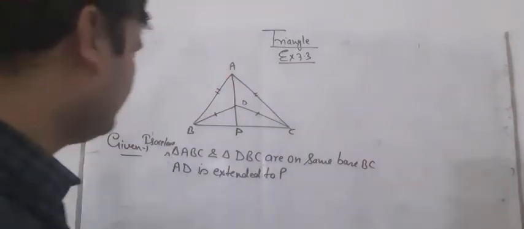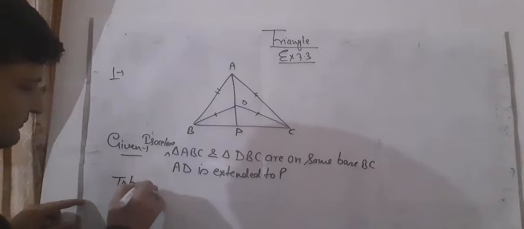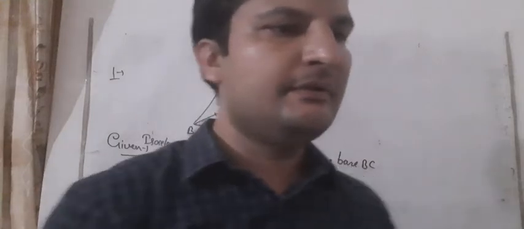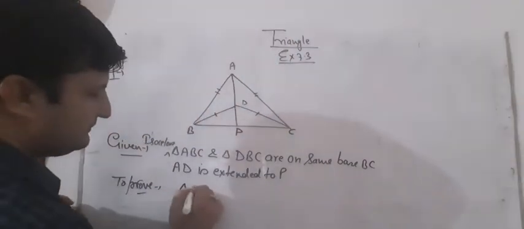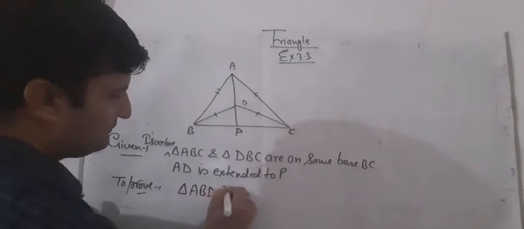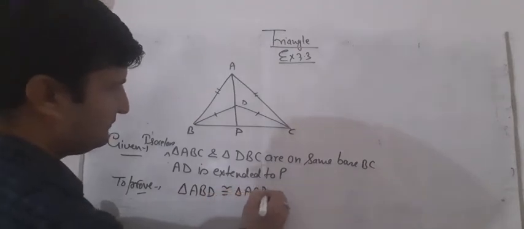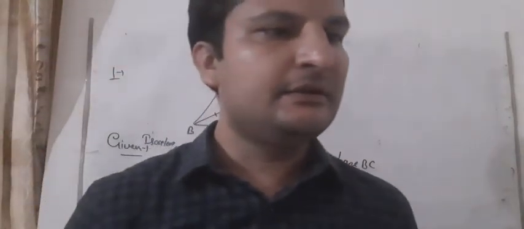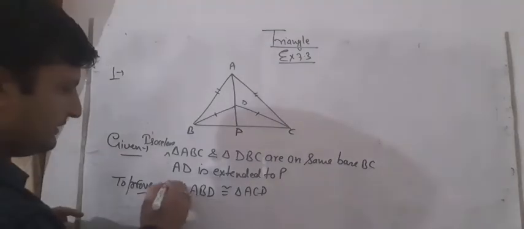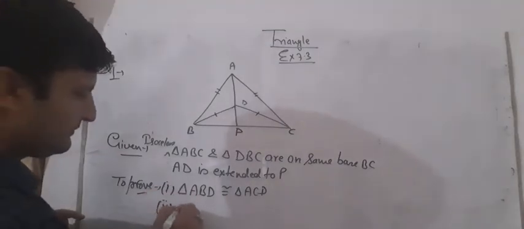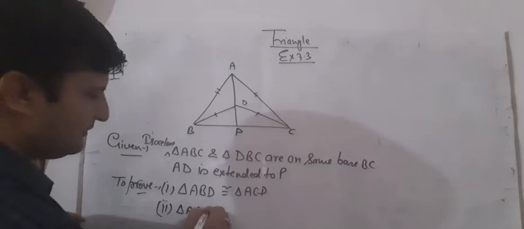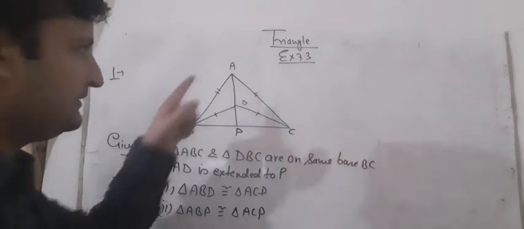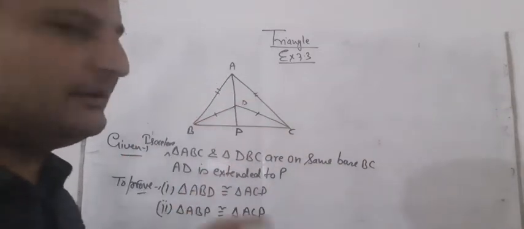Now what we have to prove? Students, we have to prove that triangle ABD is congruent to triangle ACD. Second part is triangle ABP is congruent to triangle ACP.